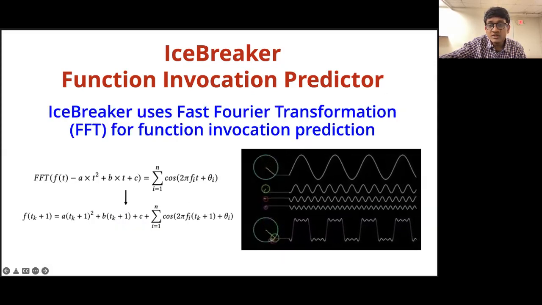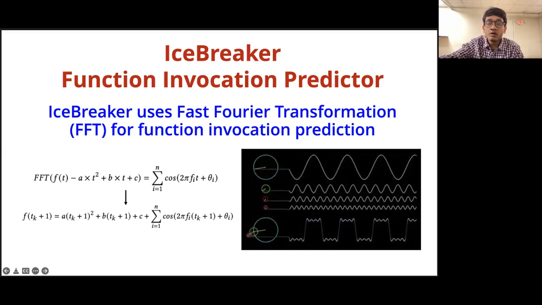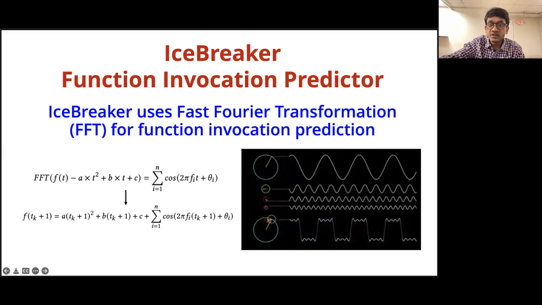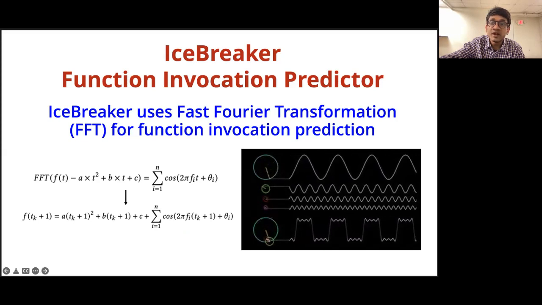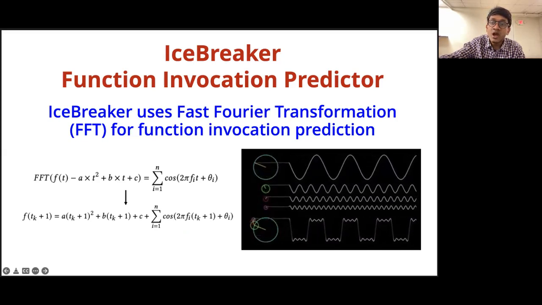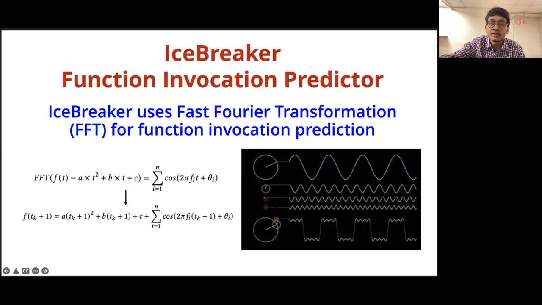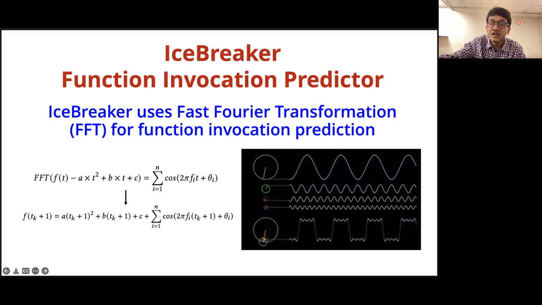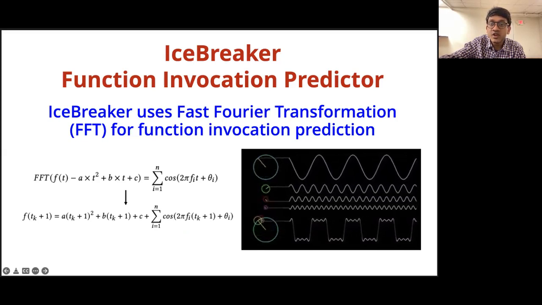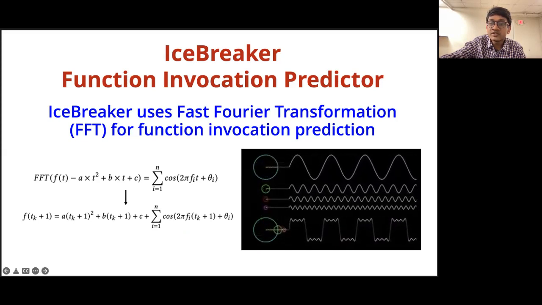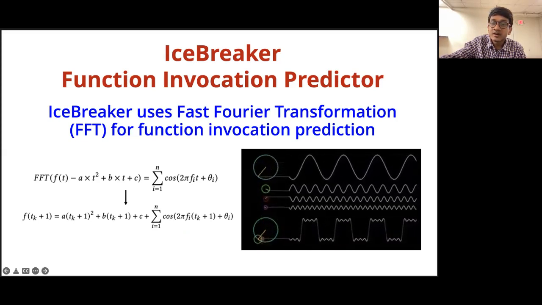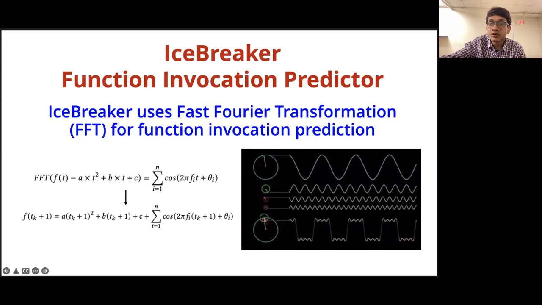So how do we model the different periodic components of the invocation of serverless functions? The answer is very simple, and it is the algorithm which we all have studied at some point in our undergrad or in high school, which is called the Fourier transform. It is a way of expressing any function as a linear combination of sinusoids.